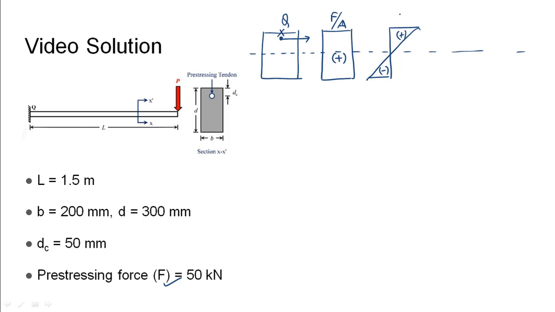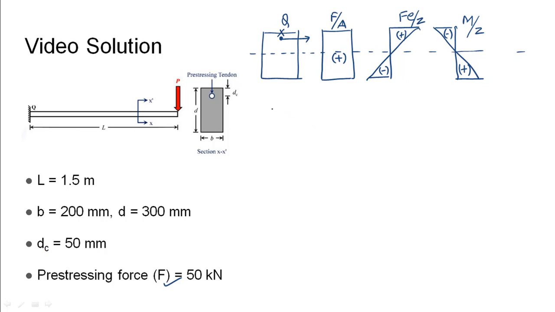This would be F E over Z, where E is the eccentricity and Z is the section modulus. The third component would be due to the moment, that would be opposite of the useful data. This is negative, this will be positive, this will be given as M over Z.